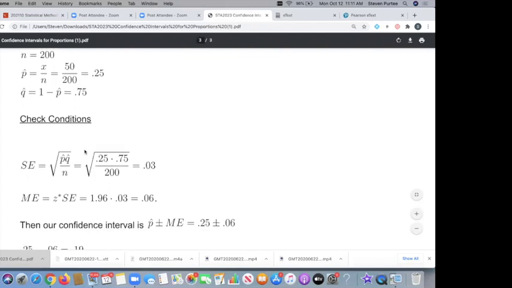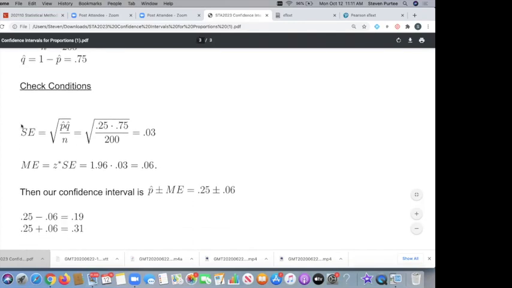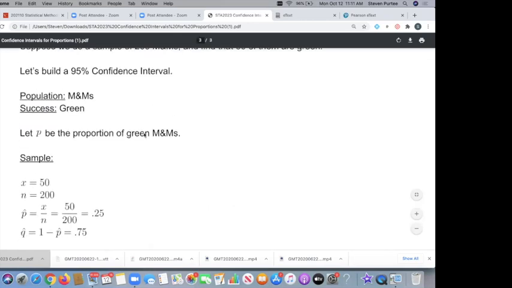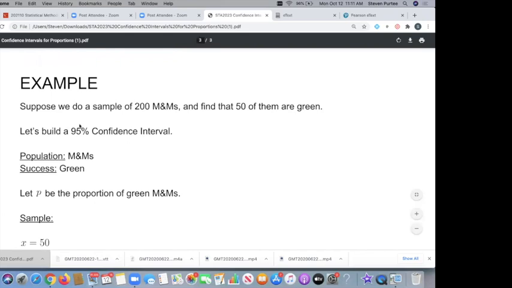We meet them. Then we calculate this thing, the standard error, square root of P hat Q hat over N. Again, if you don't know what all the symbols stand for, you're not going to know what to type in here, and you're just going to make a bunch of stuff up. So I get a standard error of about 3%. Then the question says we're doing a 95% confidence interval.